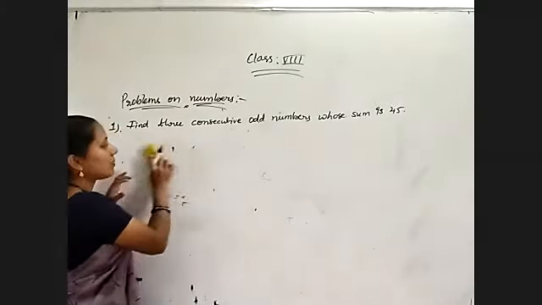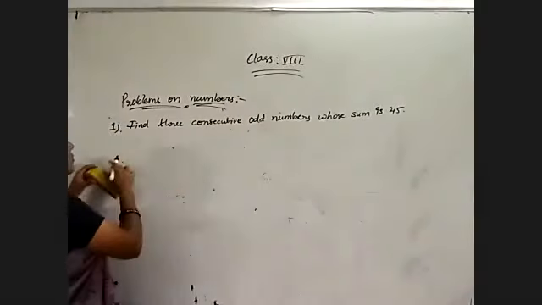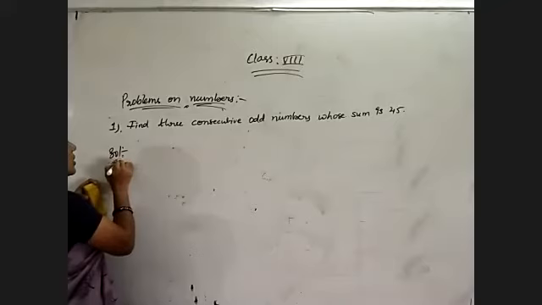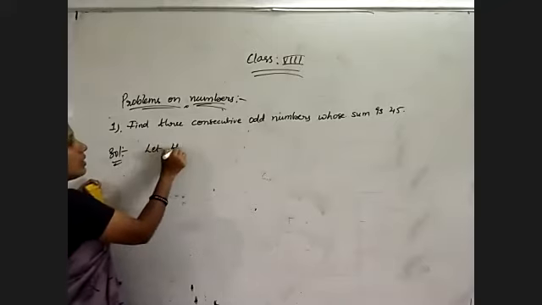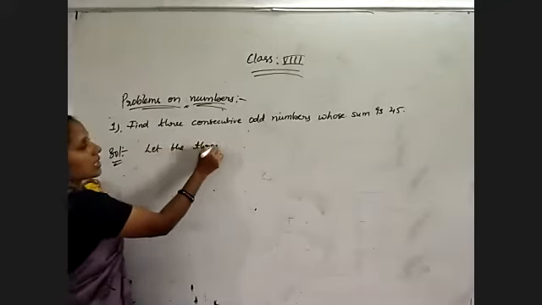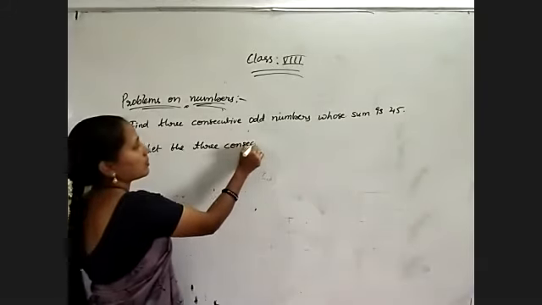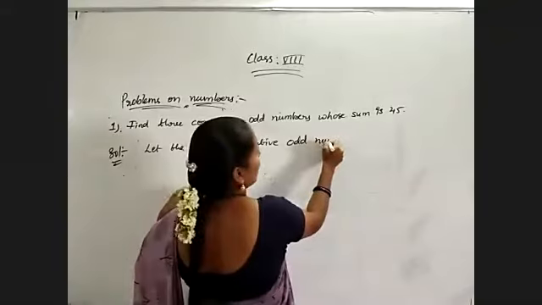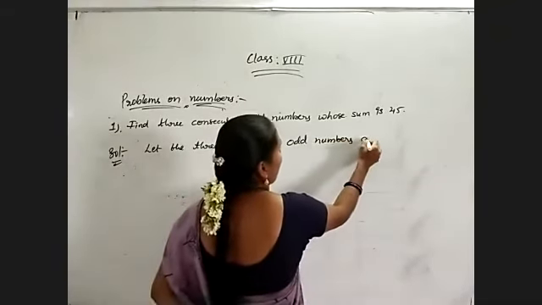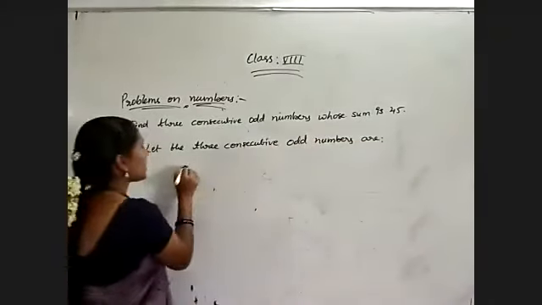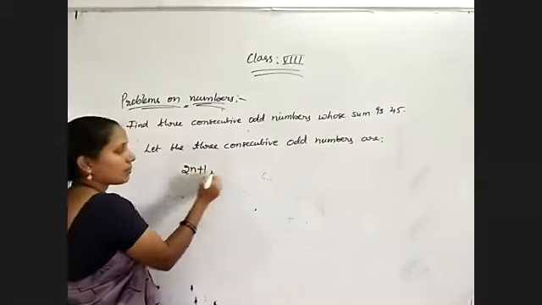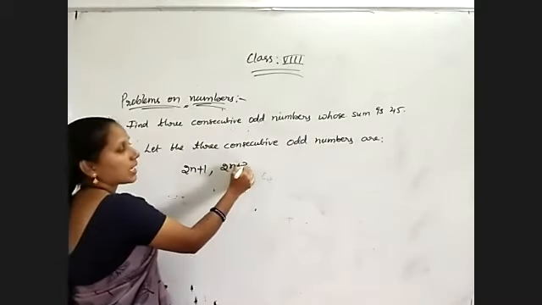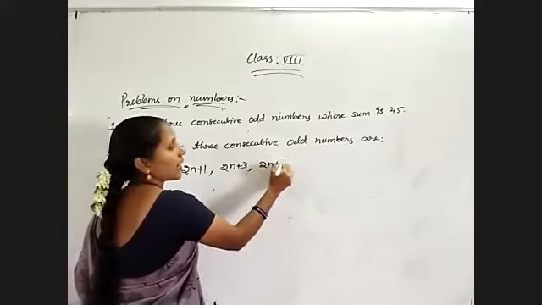So let the 3 consecutive odd numbers be my first number 2n plus 1, then 2n plus 3 and 2n plus 5.